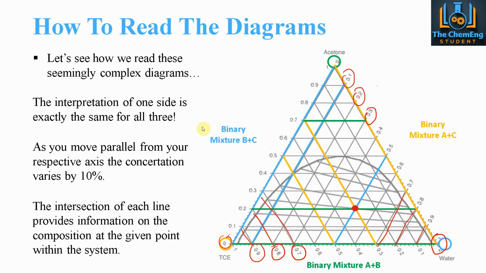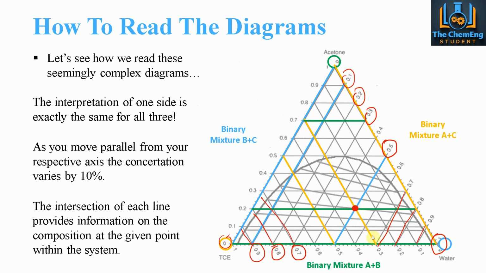Now the intersection of these lines would provide us with a composition at the given point within the system. So for example, at this point here, what we would say is that the water is 50%, so we have 50% water.